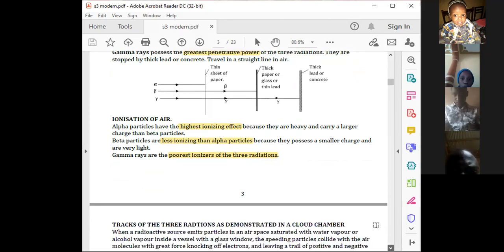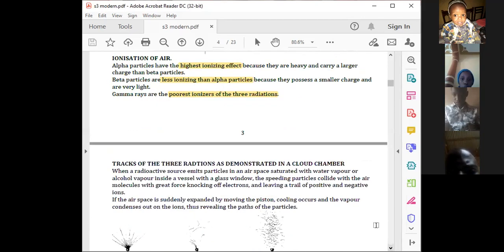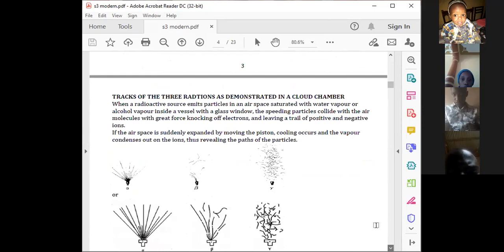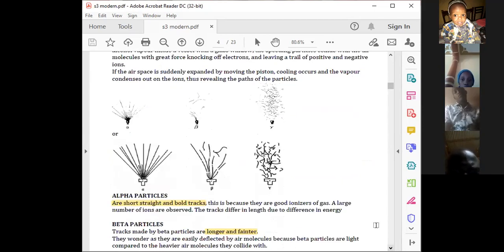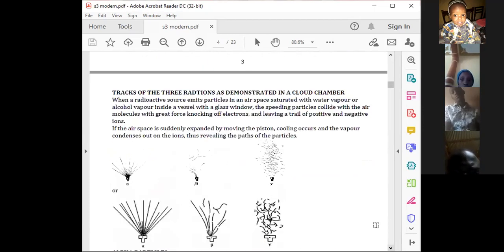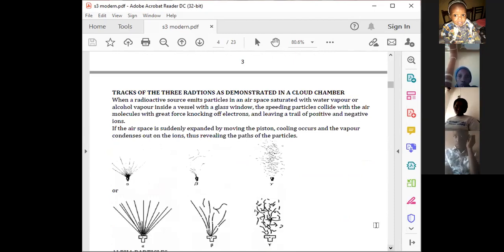Now, the funny part of it is here. We are talking about the tracks of the three radiations demonstrated in a cloud chamber.